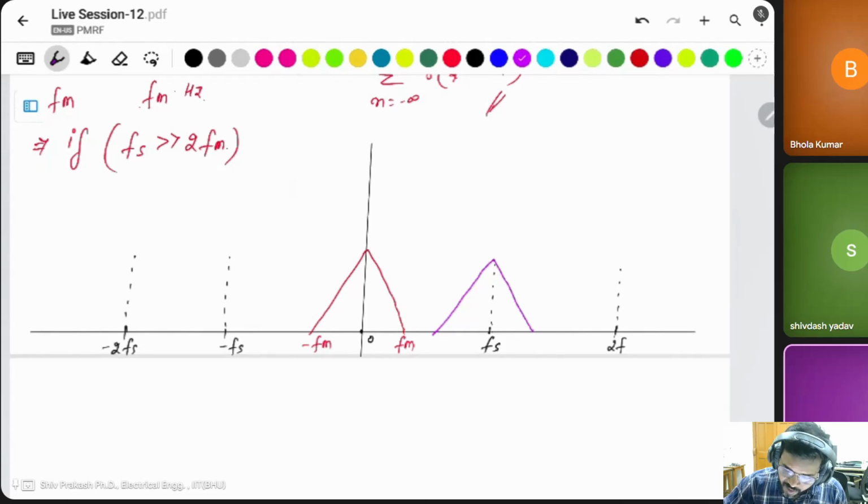Like that. What are the corner frequencies of this one? The corner frequencies are Fs plus Fm and Fs minus Fm. Another one has corner frequencies 2Fs minus Fm and 2Fs plus Fm. They look like that because of the minus Fm and plus Fm: plus Fm is added to the sampling frequency, and minus Fm is subtracted from the sampling frequency.